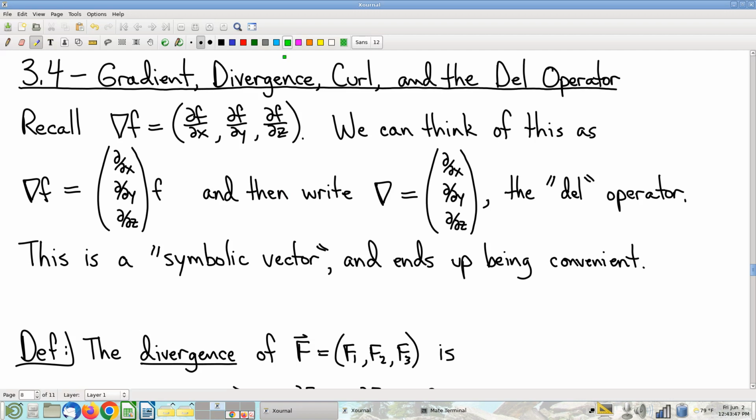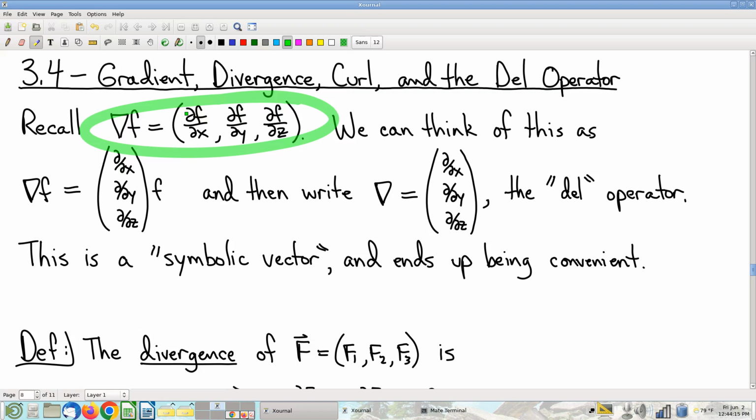Y'all remember gradients? This is one of our notions of a derivative. It's many things. It's a notational convenience. It is an algebraic object of a derivative. It is something you do to input changes to get output changes. And it's geometrically natural. It points in the direction of fastest increase.